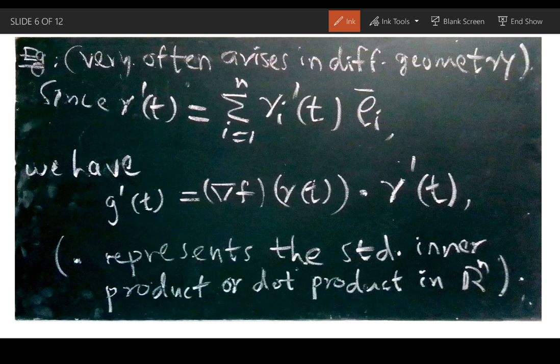Now in the two previous slides we had written gamma dash of t is equal to sigma i equal to 1 to n gamma i dash of t vector ei. Though we expressed this right side as an n tuple, gamma 1 dash etc. gamma n dash, in the linear combination format, this will be the expression for gamma dash of t.